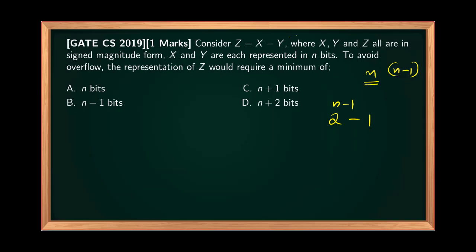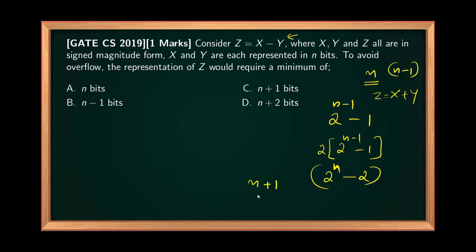If y is the negative least number, then z will become x plus y, right? So its magnitude is twice the maximum possible magnitude, that is 2 power n minus 2. To represent 2 power n minus 2, we require at least n plus 1 digits.